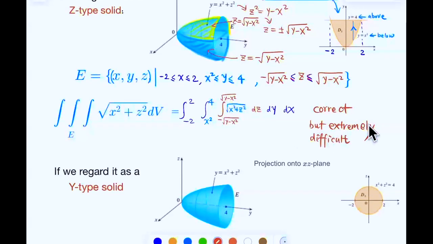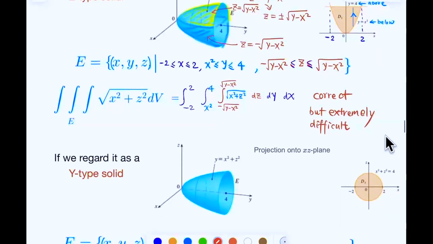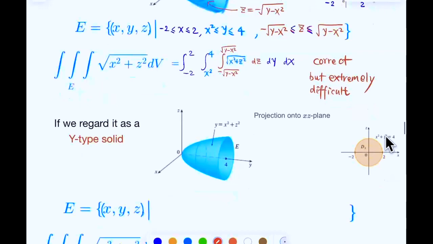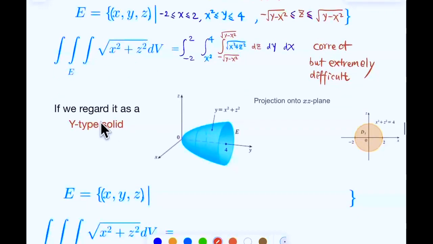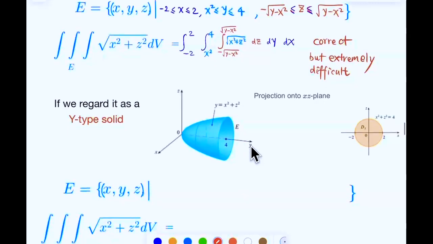Instead, let's think about an alternative way to do this, right? Okay. What's an alternative way to do this? You can regard this as a Y-type solid, right? Y bounded by u1 and u2, right?